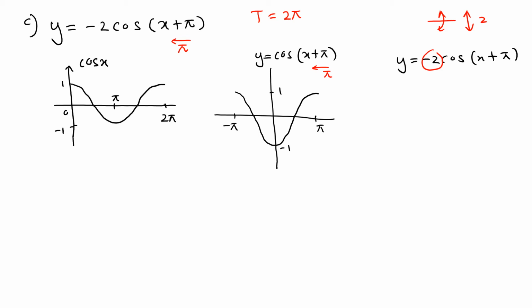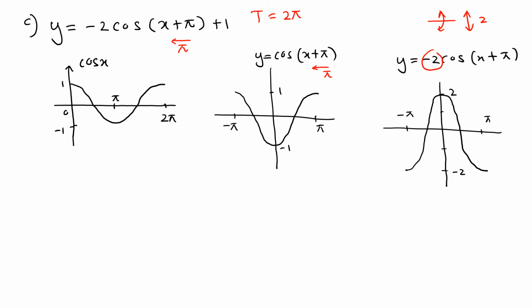So the graph goes between negative 2 and 2, and then you flip over. These are the values negative pi and pi. Since we flip over, it's going to start down here and go up and then come down. So that's what happened.